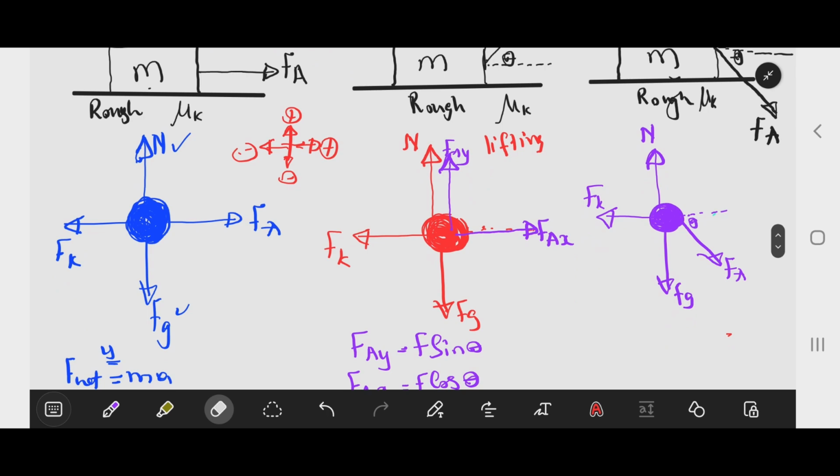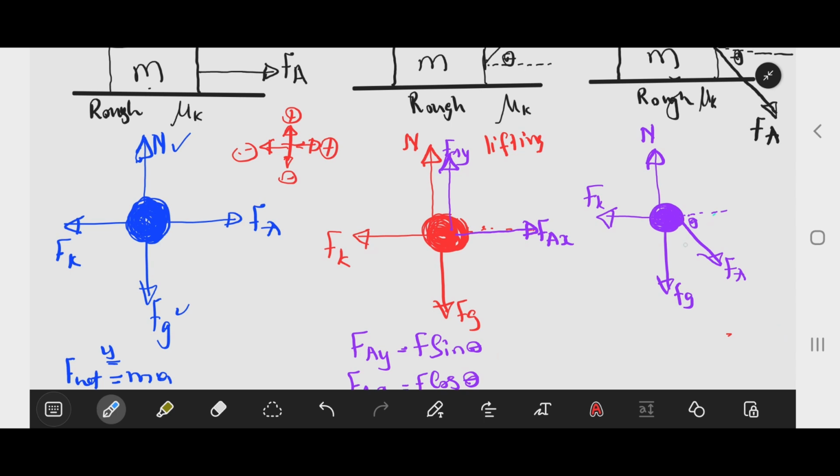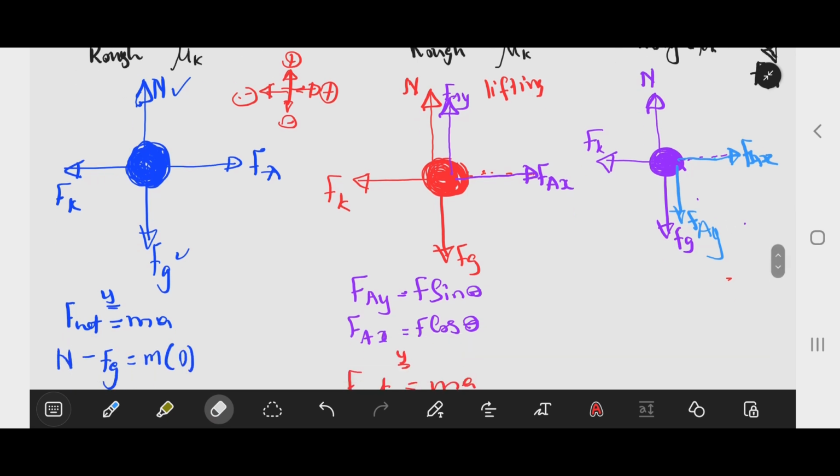The next step now is to resolve this free body diagram. When you resolve it, you will have two components of the applied force: the x component, which is Fax, and the y component, which is Fay. Now you can remove the applied force since you have represented it using the components.